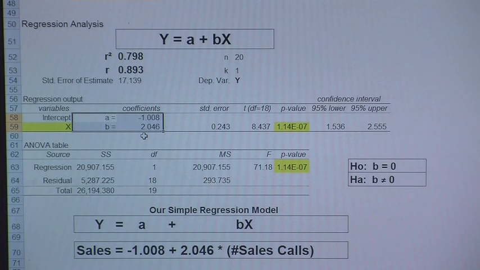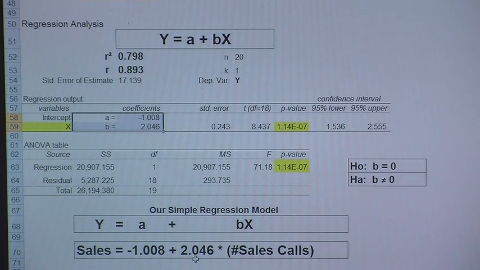We were able to extract these point estimates to build down here this simple regression model, where our prediction for sales is equal to -1 plus 2.046 times the number of sales calls that the salesperson makes. So 2.046 is our point estimate for B.